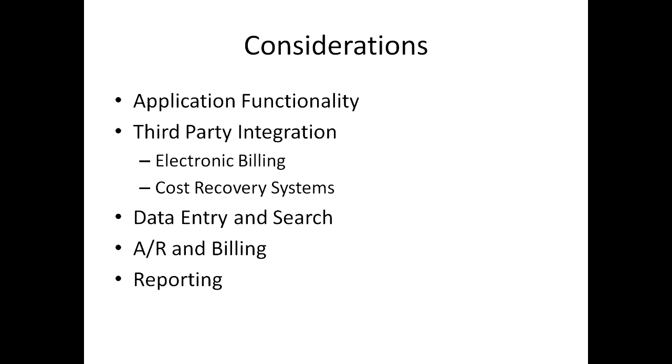All right, so we have to consider the requirements of outside third parties, like electronic billing. You also have cost recovery systems. Some of my clients have photocopy machines that track account codes to then bill back for photocopying, and that feeds electronically back into your time and billing application.